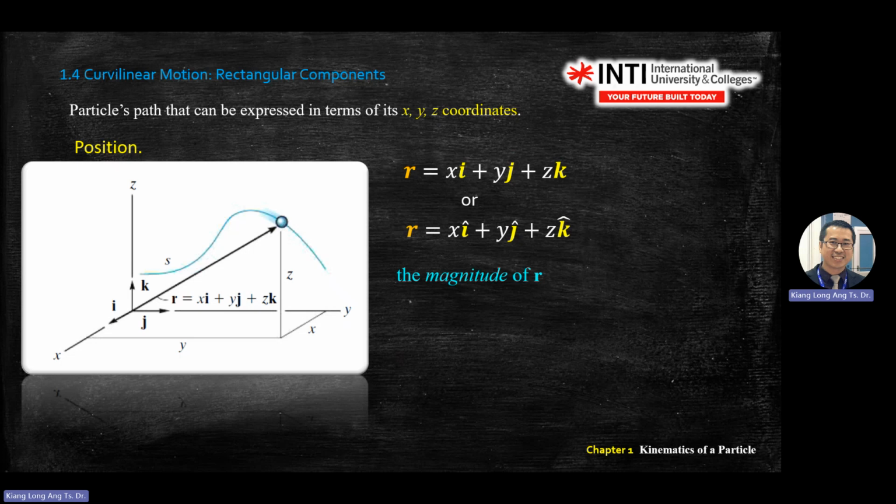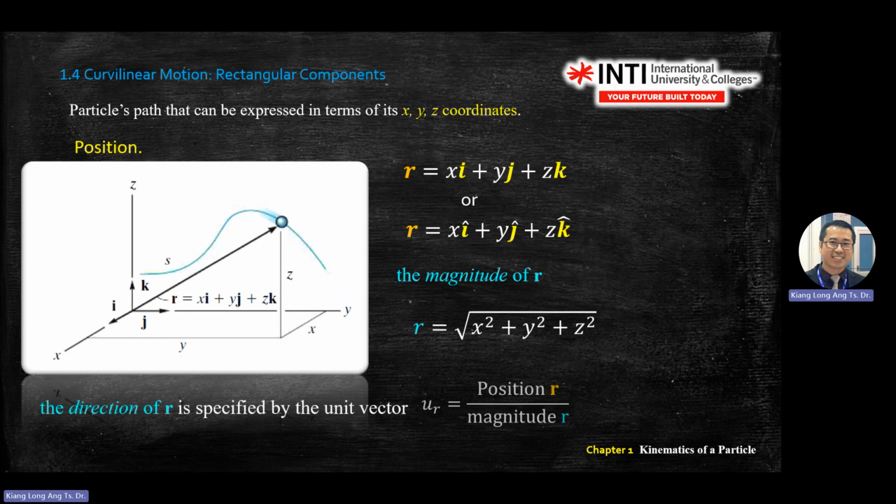Okay. So to find magnitude, same. You square the x plus square the y plus square the z, square root, you get the magnitude of that particular r vector. Direction, we use unit vector. We take the position divided by the magnitude. What does it mean? Position is this equation. You take this equation, divide by the magnitude.